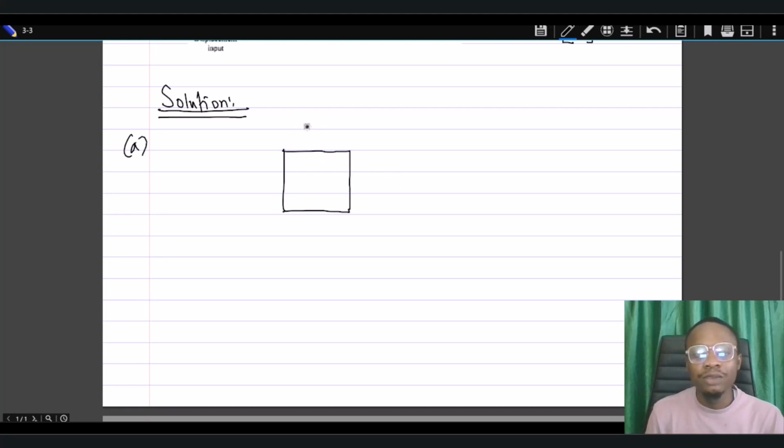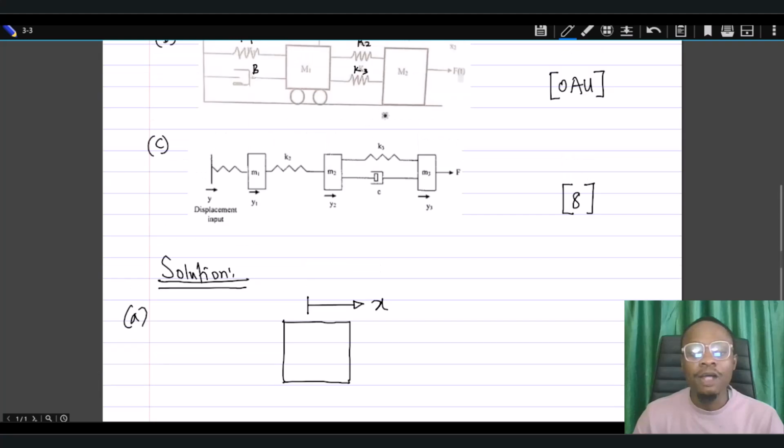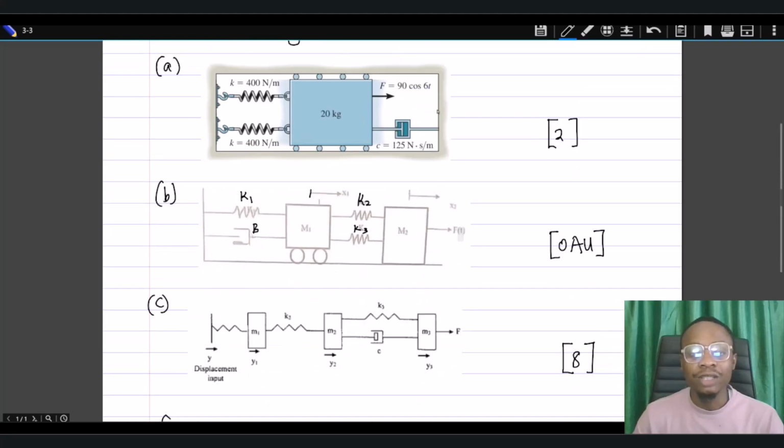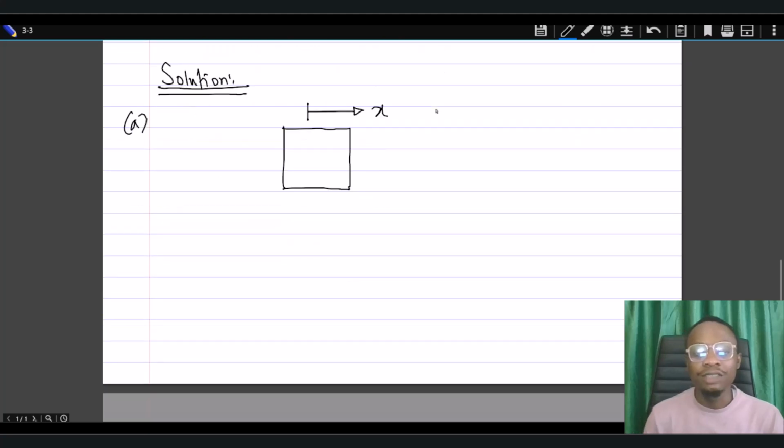With that rightward displacement, we can indicate that here. It's a horizontal displacement. We call that x. So it has some displacement x to the right. We know there is the external force F that facilitates that. Let's indicate that here.